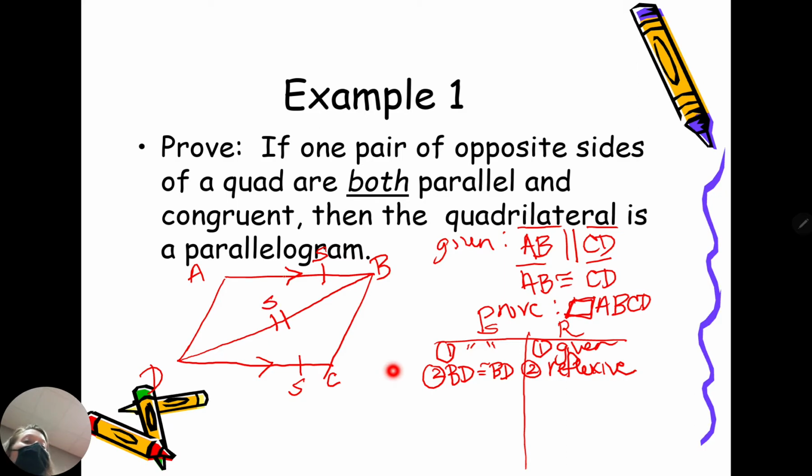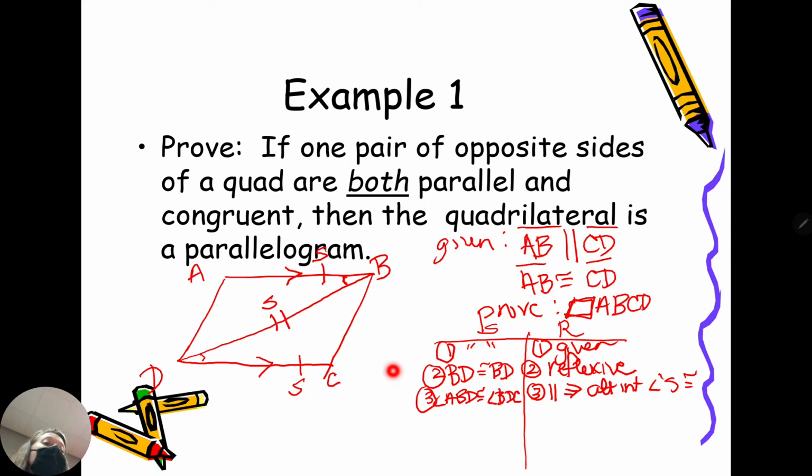And we have alternate interior angles are congruent because, again, we have one set of parallel sides already. So I can say that angle ABD is congruent to angle BDC by alternate interior angles are congruent. If parallel lines, then alternate interior angles congruent.